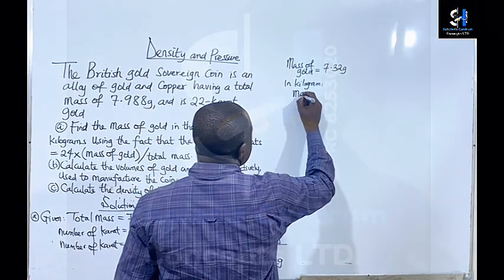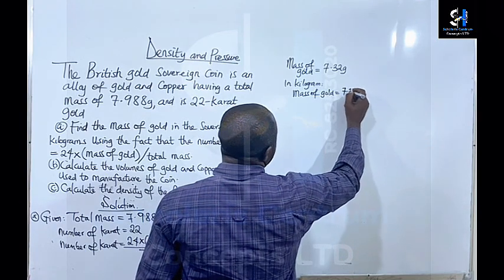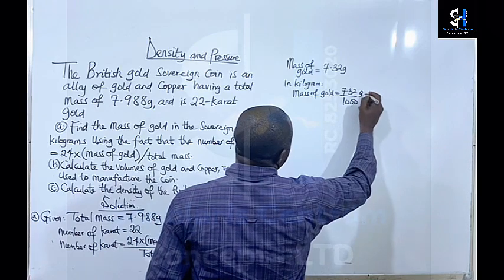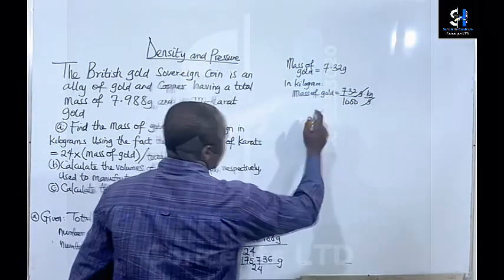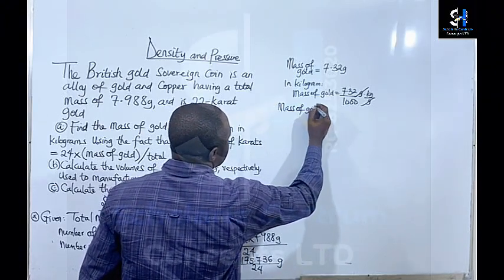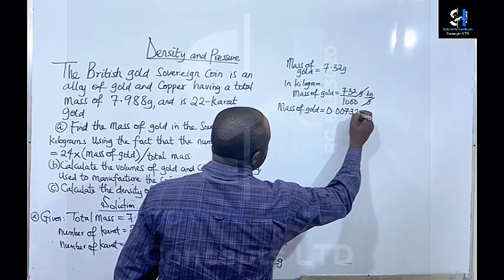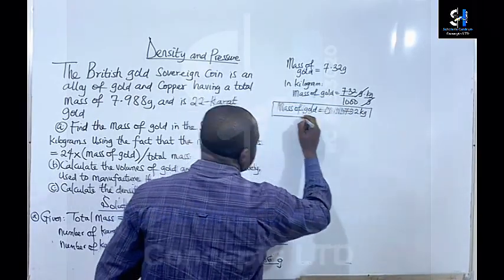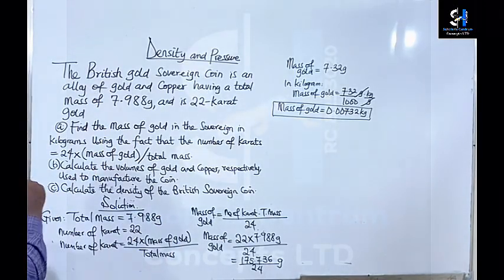Mass of gold will be 7.32 over 1000 grams multiplied by kilograms over grams. The unit grams cancels out, so we are left with mass of gold equal to 0.00732 kilograms. This is the mass of gold in kilograms, which is the answer to the first question.